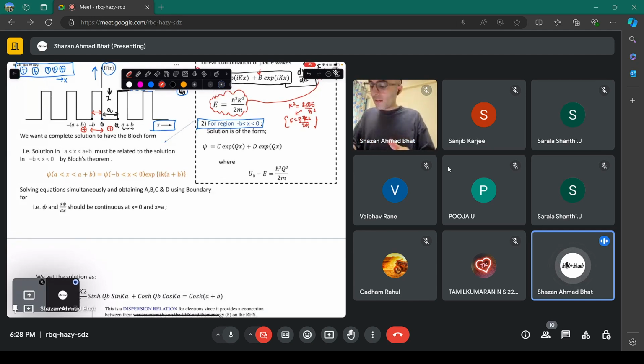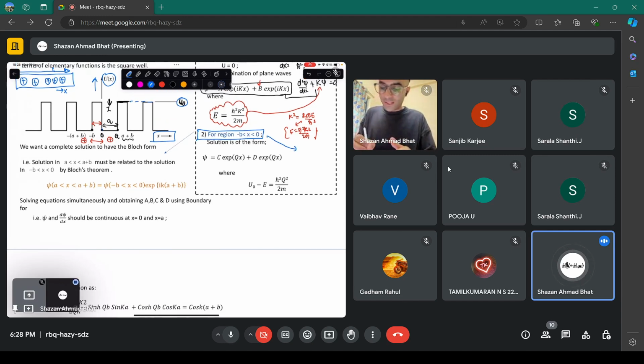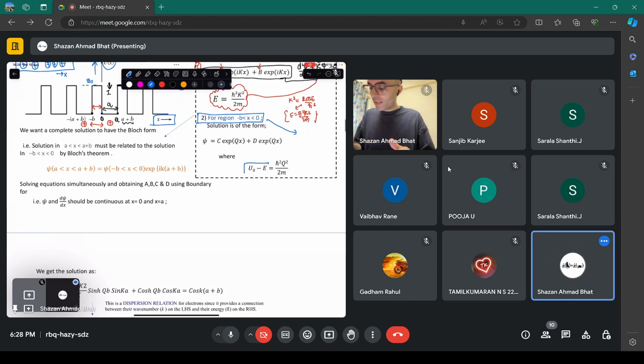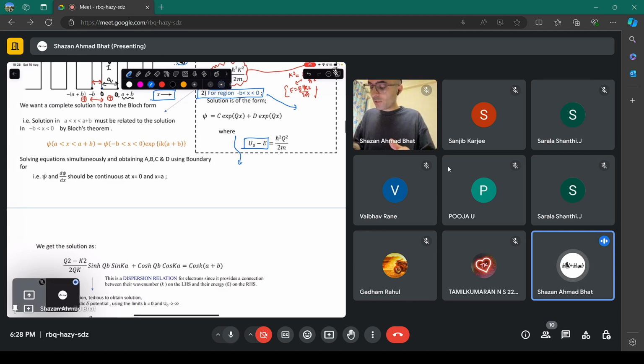Now you again write the same Schrodinger equation for region 2, but this time the potential in this region is U naught. That U naught will get reflected here, because once you write the Schrodinger equation as d square psi over dx square plus twice m over h bar square times (U minus E) psi of x equals 0, let's call this particular thing Q square.